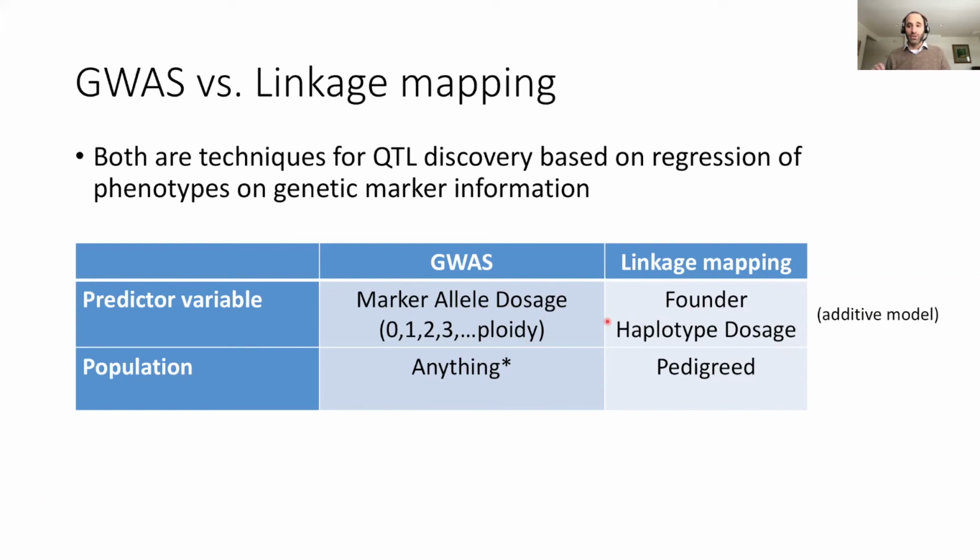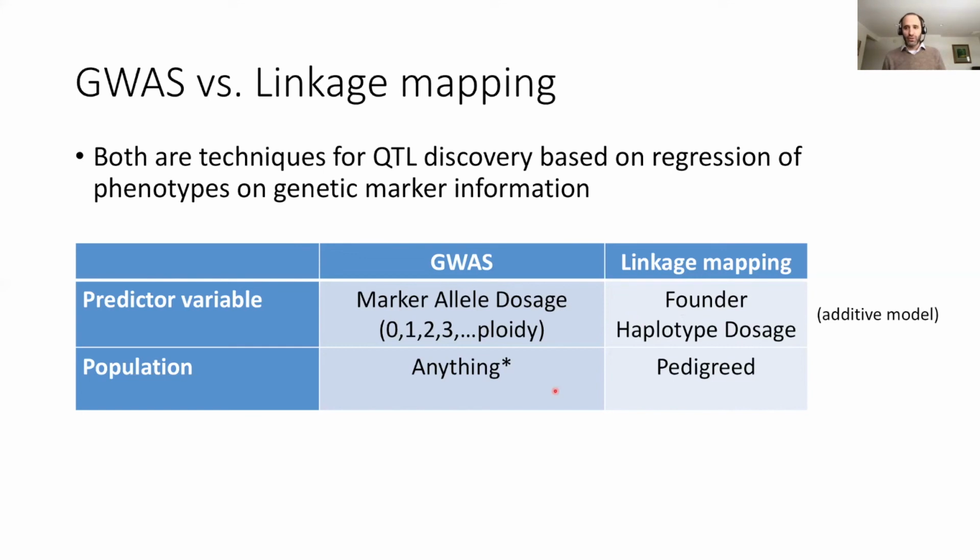When you talk about dominance models, again, there's a difference. In GWAS it's the dosage of some function of the marker allele, and in linkage mapping it's the dosage of a diplotype or a higher order combination of founder haplotypes, but the same principle.